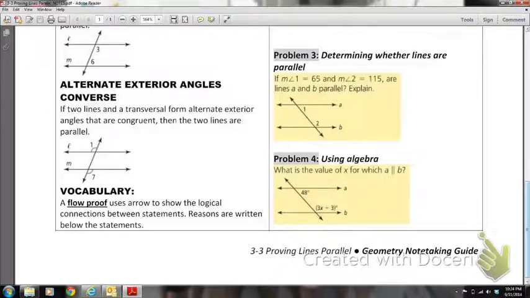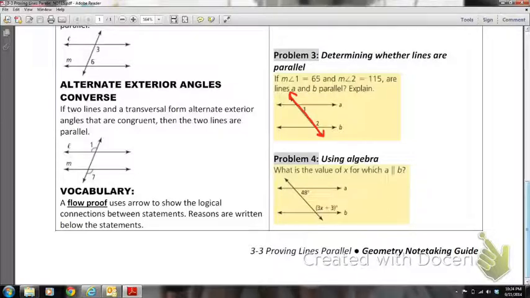So let's look at lines 1 and 2 in relation to this line. So this line is the transversal for lines 1 and 2. And we want to determine if A and B are parallel or not. So what kind of angles are angles 1 and 2? From the diagram, we can see that they are same side interior angles.